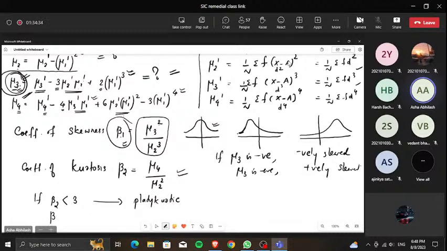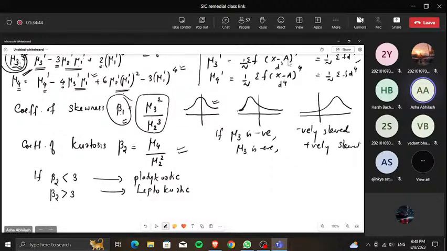And if beta 2 is greater than 3, then the distribution is leptokurtic. And if it is equal to 3, then that is your normal curve, which we can also call mesokurtic.